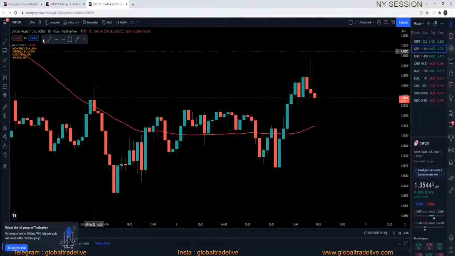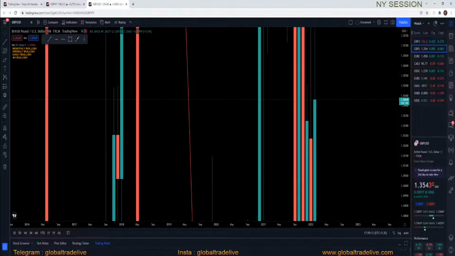Okay, let's remove everything from here and move to monthly. So let's analyze GBP/USD now.